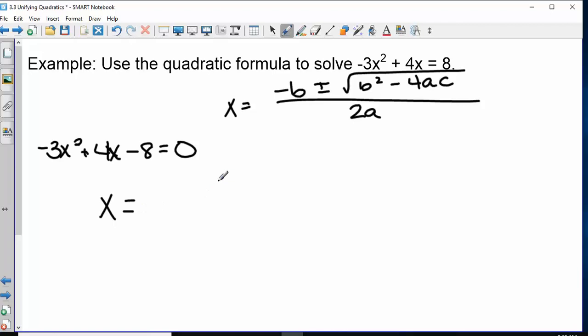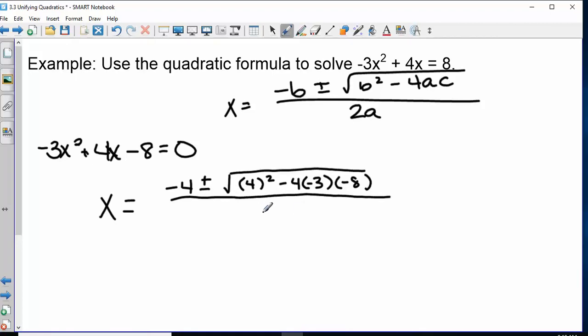So x equals opposite of b, negative 4, plus and minus the square root of b squared, so 4 squared, minus 4, a is negative 3, c is negative 8, all over 2 times a, so 2 times negative 3.